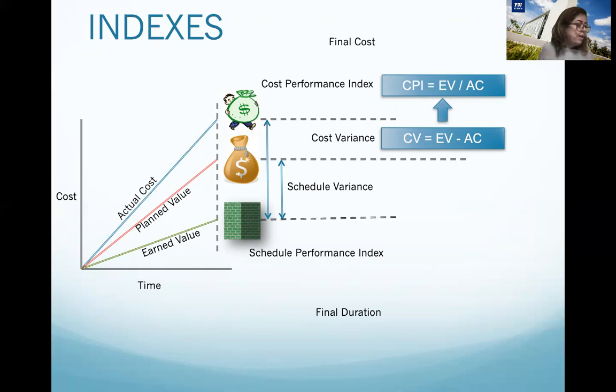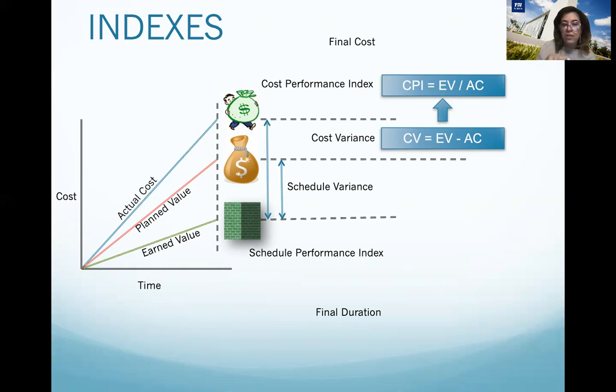The cost performance index is another key performance indicator for the project. The CPI is a measure of the cost efficiency of the budget resources, expressed as a ratio of earned value to actual cost.